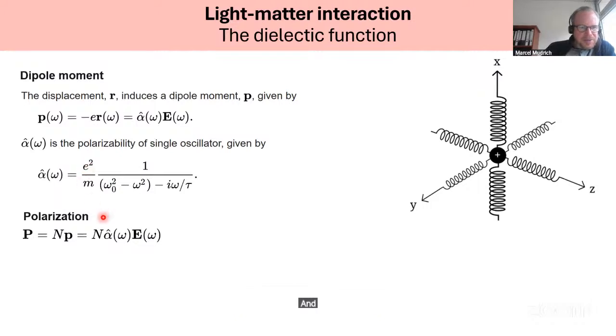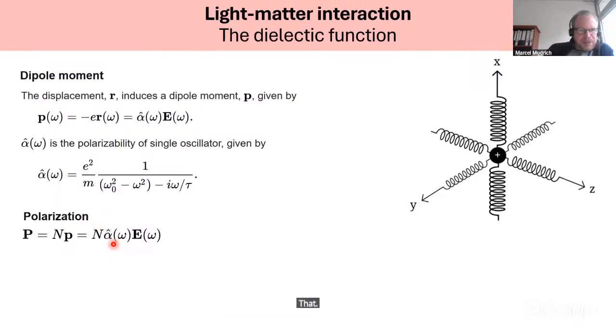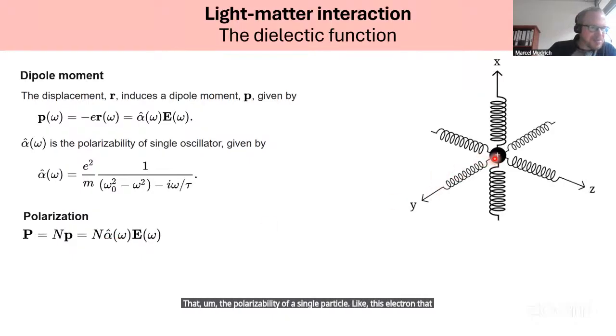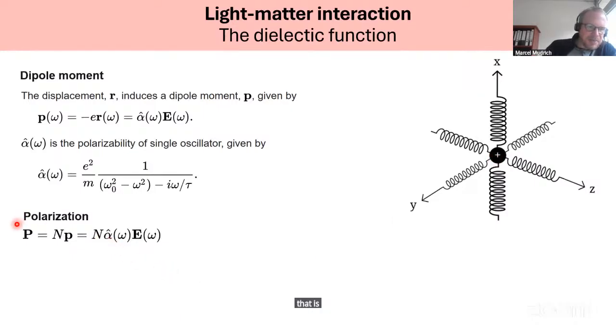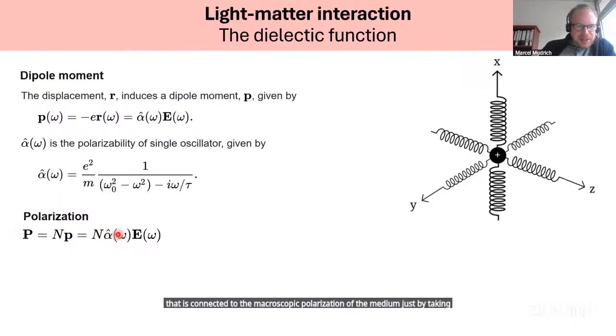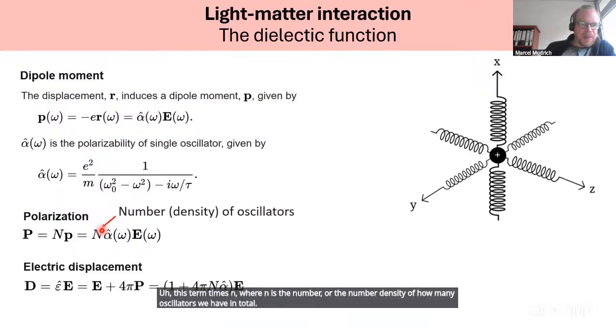And now again, we should remember from classical electromagnetism that the polarizability of a single particle, like this electron that mimics the electron in an atom, is connected to the macroscopic polarization of the medium just by multiplying by n, where n is the number density of how many oscillators we have in total.